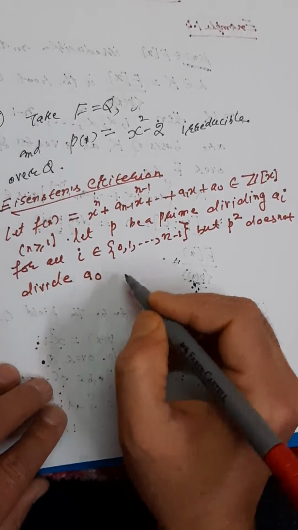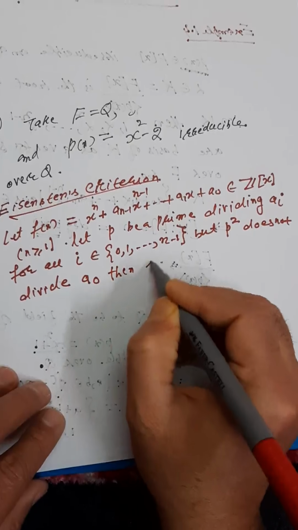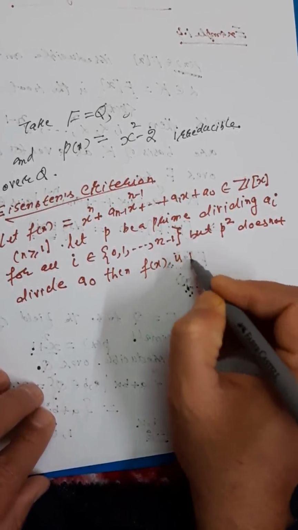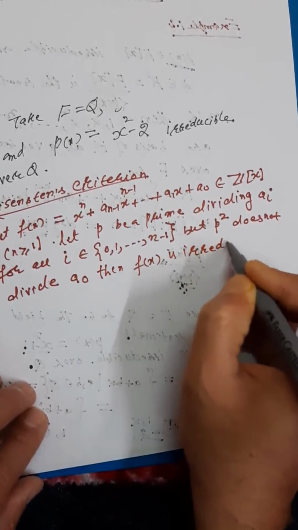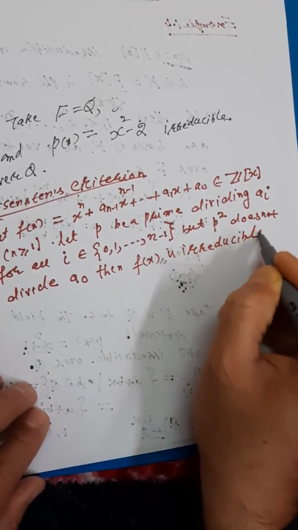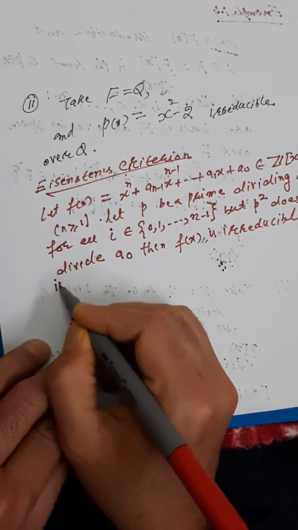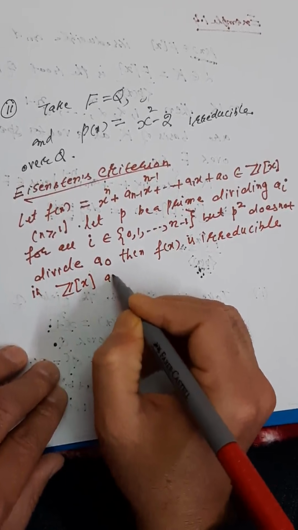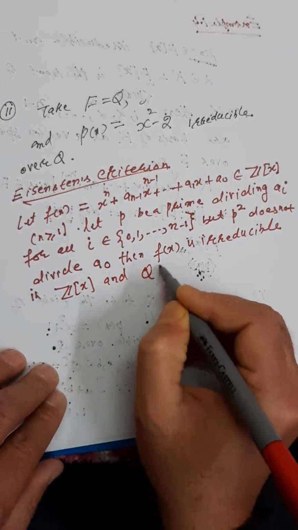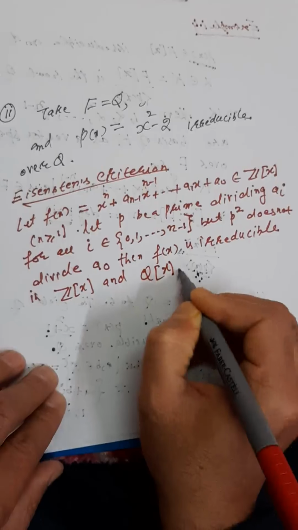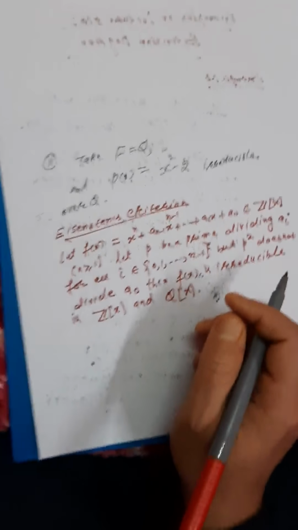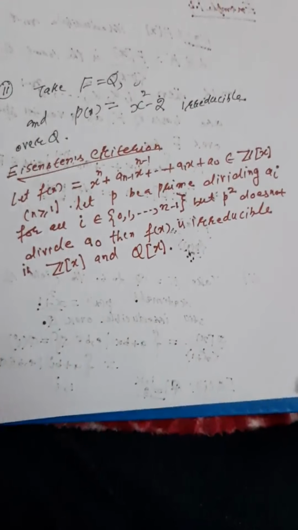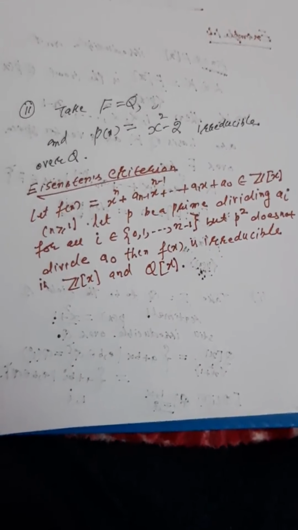Then f(x) is irreducible in Z[x] and hence in Q[x], and therefore irreducible in Q[x]. So this is Eisenstein's criterion for irreducibility of polynomials with integer coefficients.